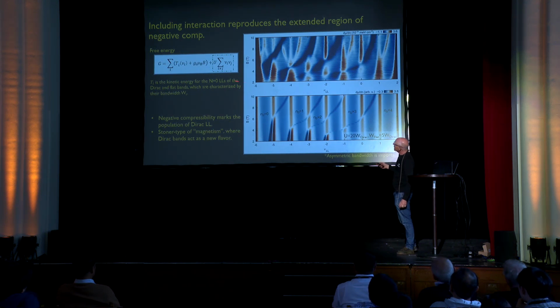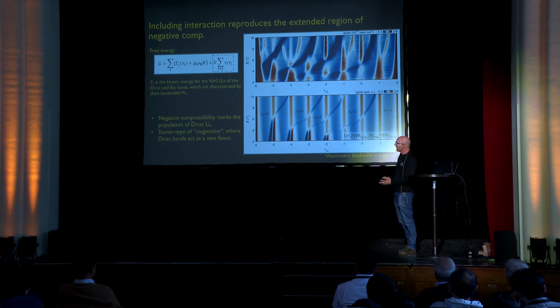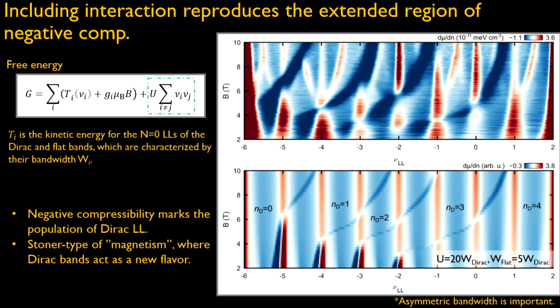So introducing an interaction term that weighs the competition between putting an electron on the same species, let's say Dirac electron or flat bands, versus one in the flat band and one in the Dirac sector, is responsible for giving these phase transitions. And I want to emphasize that these are very similar to Stoner phase transitions, namely, they really require that the system has finite density of states.